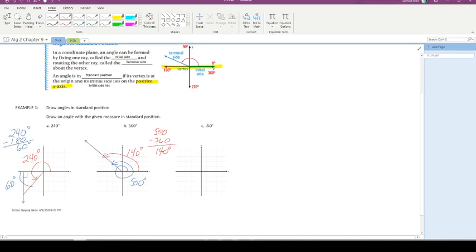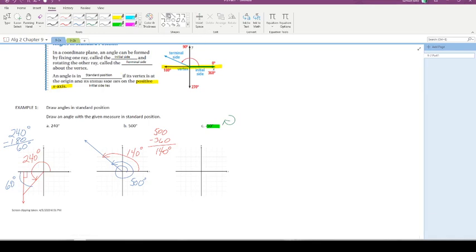Let's clean that up a little bit. So what happens if now we want to deal with a negative 50 degrees? Well, negative means now you're going in clockwise direction. So 50 degrees is going to be right about here.